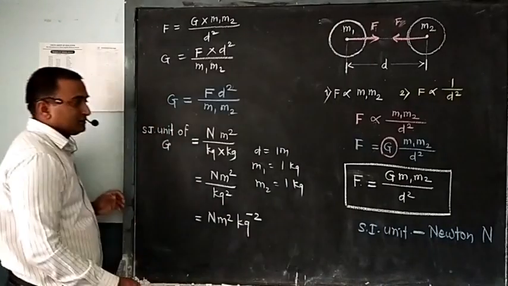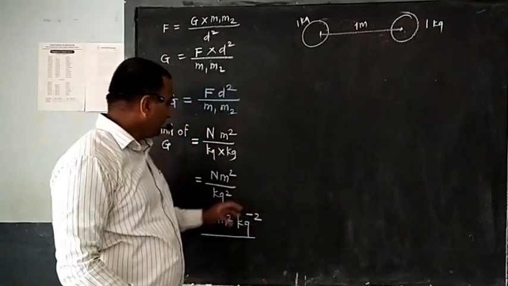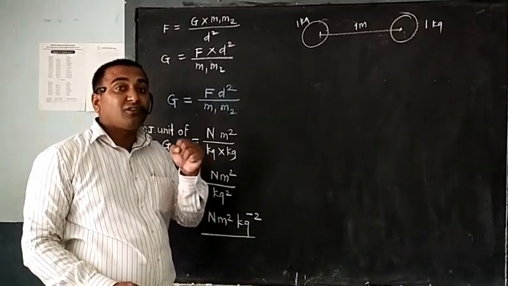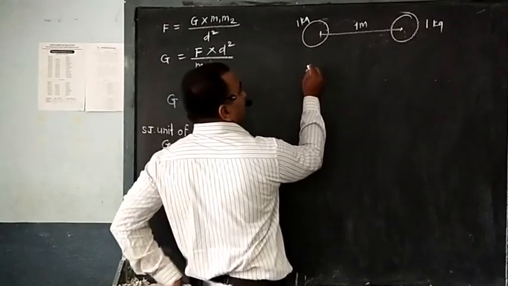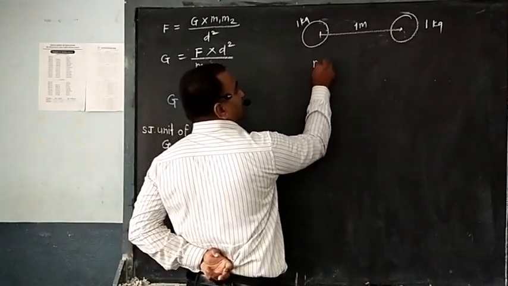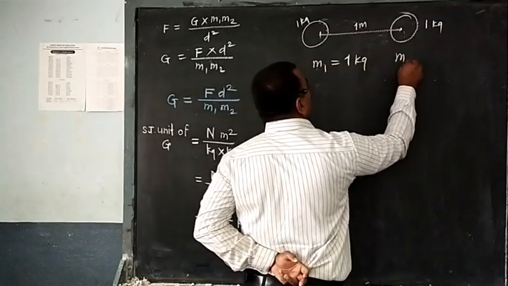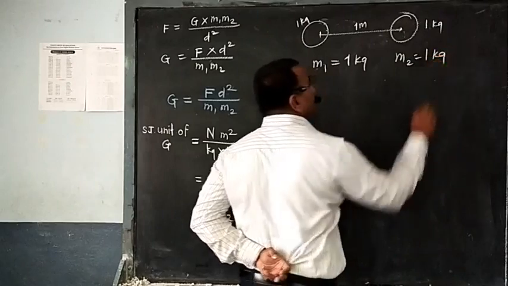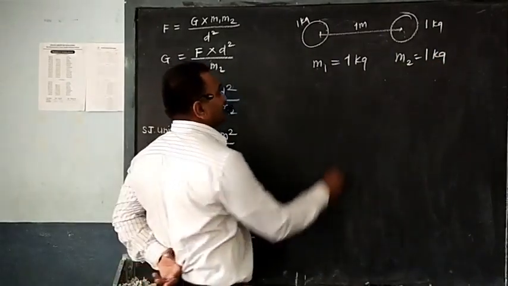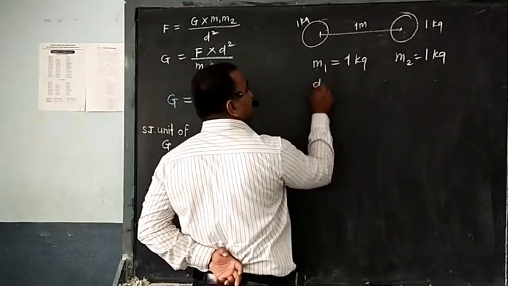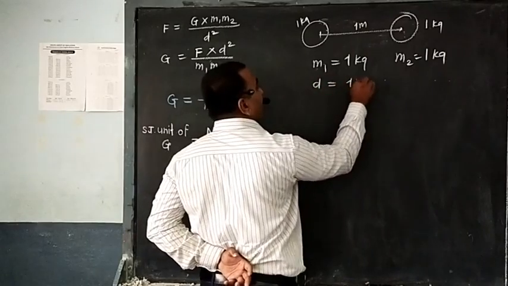Okay, pause. Now we are finding the value of G. What is the gravitational constant's value? See here, there are two objects. Mass of the first object is 1 kg and mass of the second object is also 1 kg. That is unit mass we are considering. And the distance between these two objects is 1 meter.